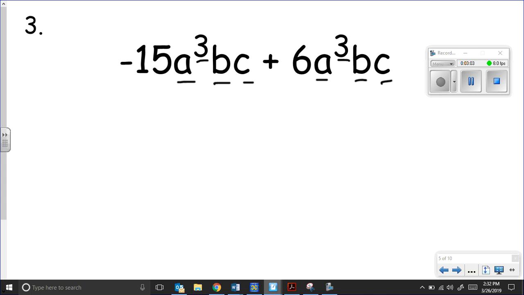So now all we have to do is combine the coefficients, which is negative 15 plus 6, which is negative 9, and then we bring down the variables with their exponents. So we end up with negative 9 a to the third power, b, c. And remember that the b and c both have an exponent of 1, it's just not written.